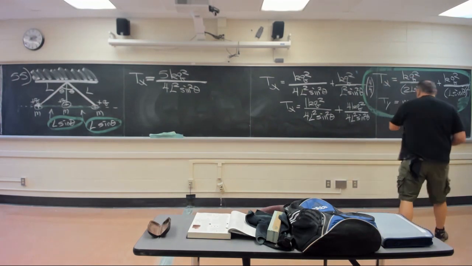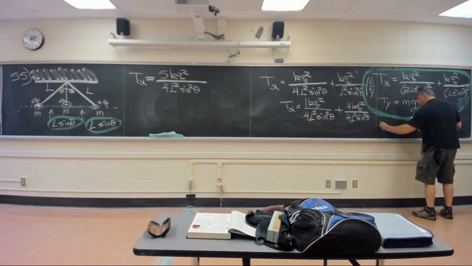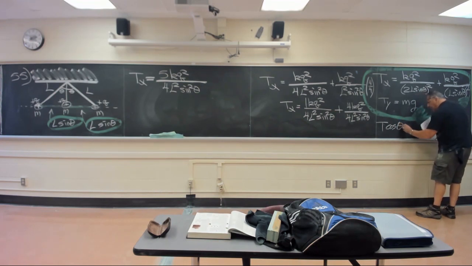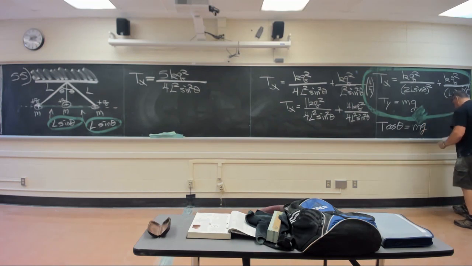We've got the Ty. Ty is T cosine theta, right? T cosine theta is Ty. You got the mg right here.